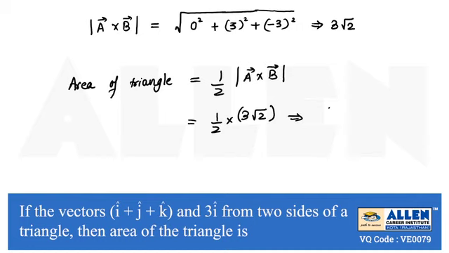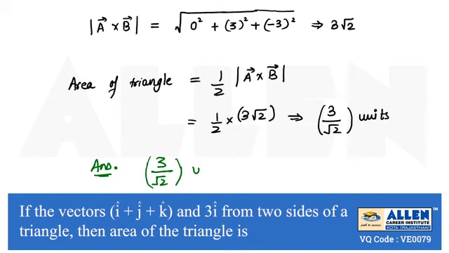Therefore on solving this, we will get 3 by root 2 units. So the answer of this question, where two vectors are given and we have to find the area of the triangle, is coming out as 3 by root 2 units. Thank you.